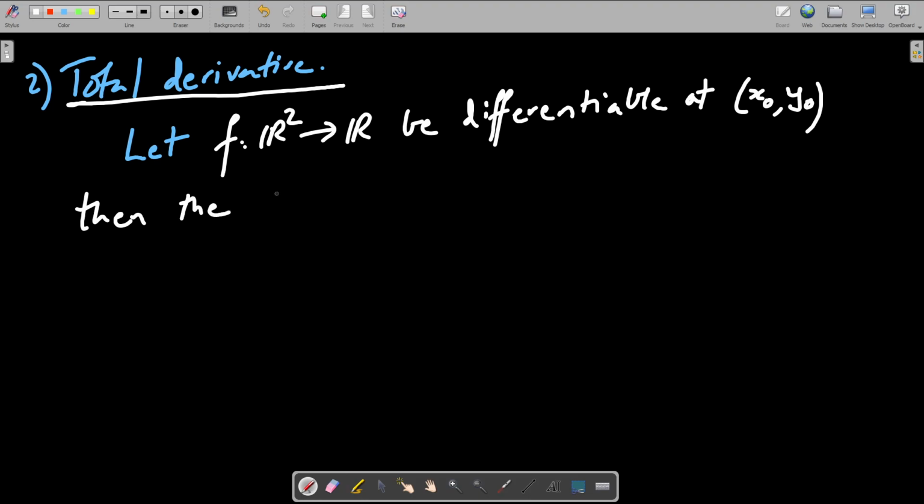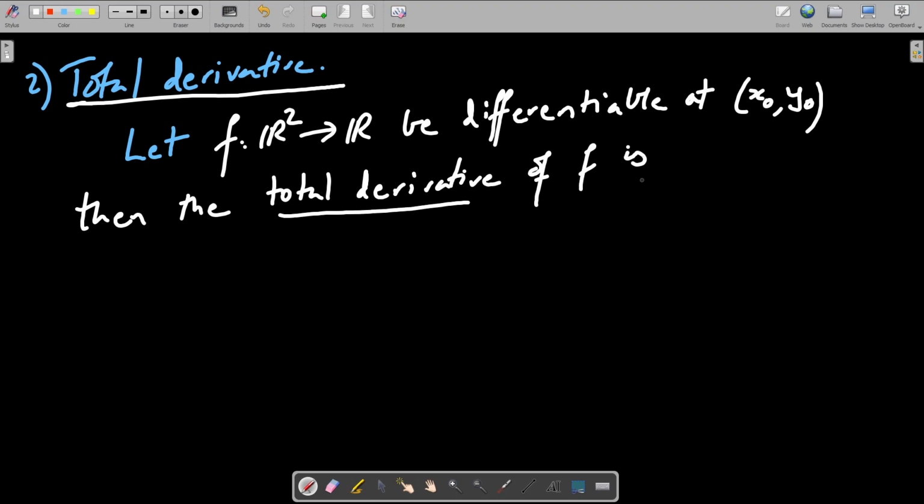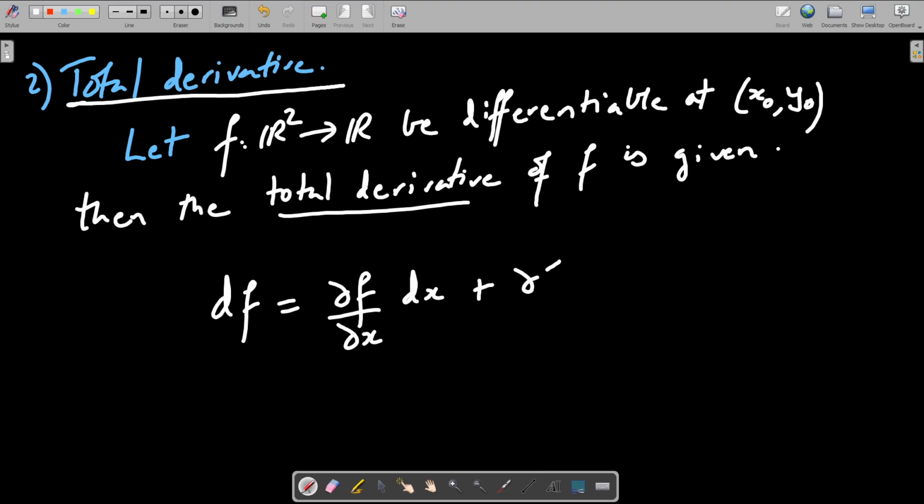Then the total derivative of f is given by df equal to ∂f/∂x dx plus ∂f/∂y dy. This is how the total derivative looks.